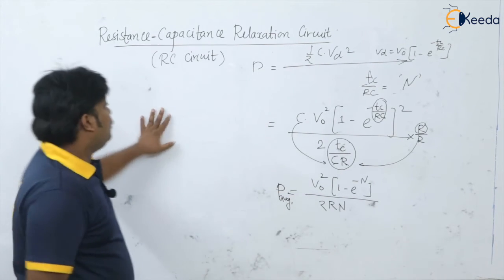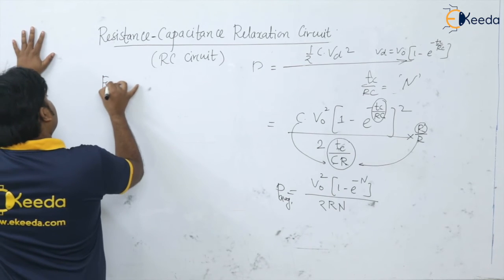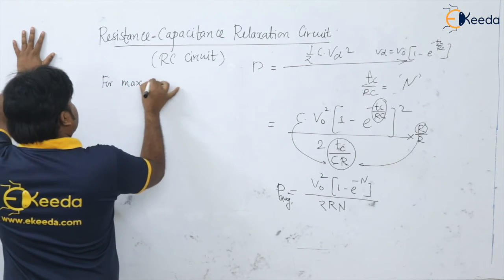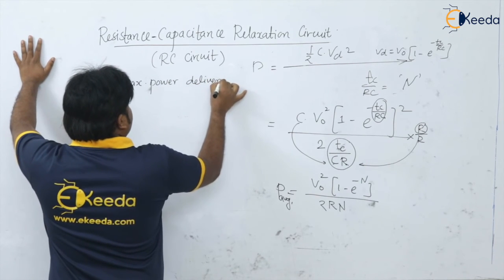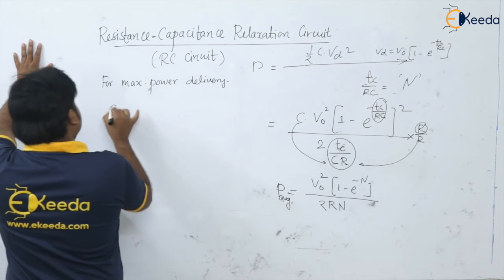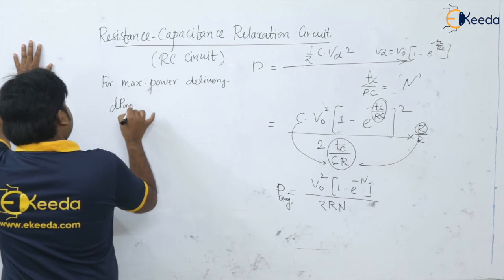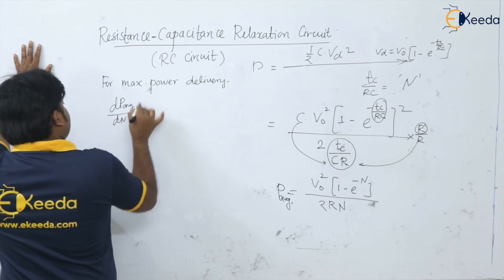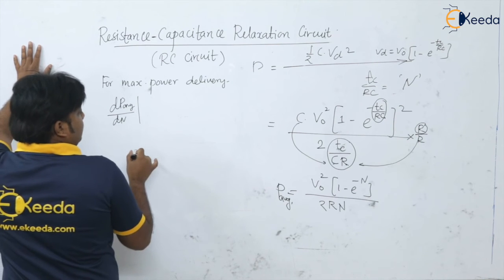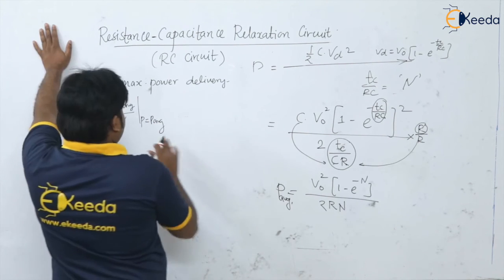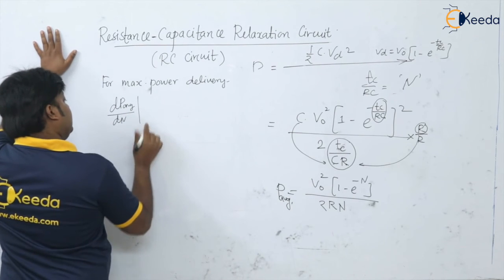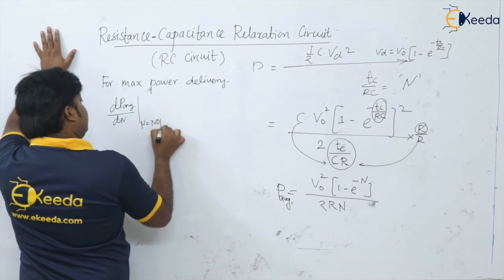So now for maximum power delivery, what will we do? Differentiate this P average with respect to n, for n equal to n optimum.